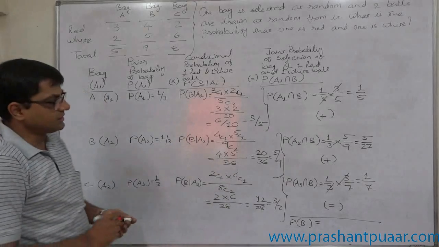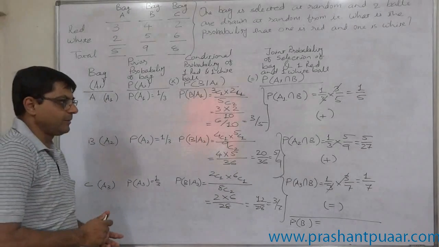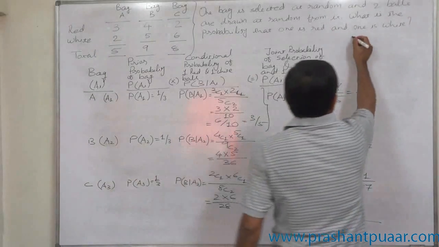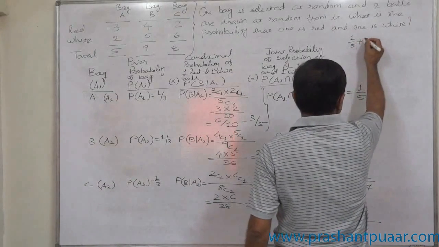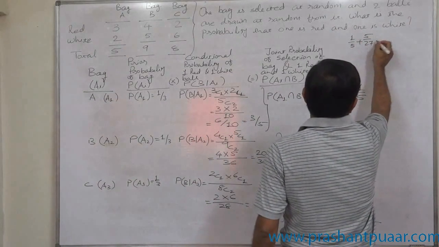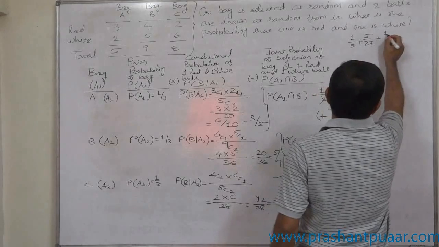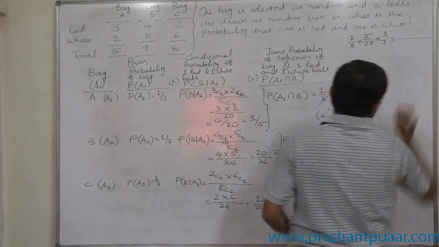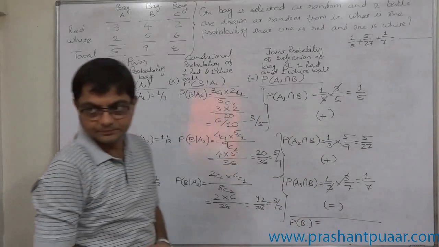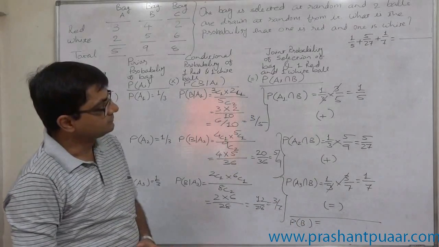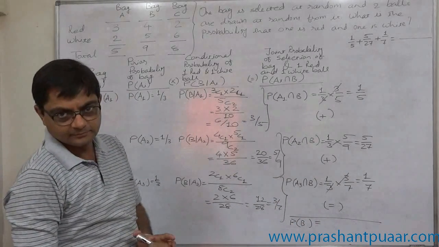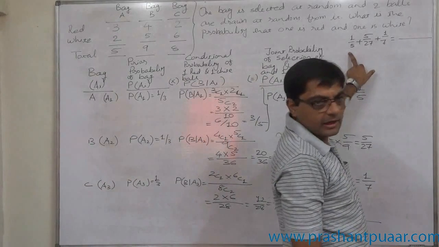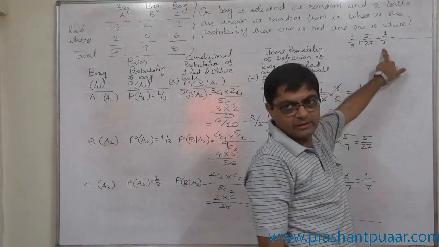Now simplify the answers: 1 by 5 plus 5 by 27 plus 1 by 7. First of all, what should we take as LCM? 27 into 5 comes to 135. Can we divide 135 by 7?